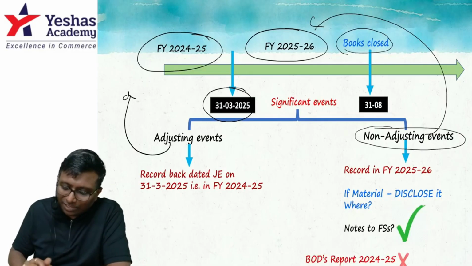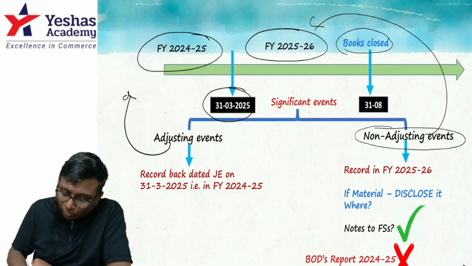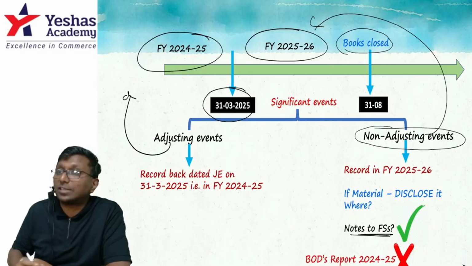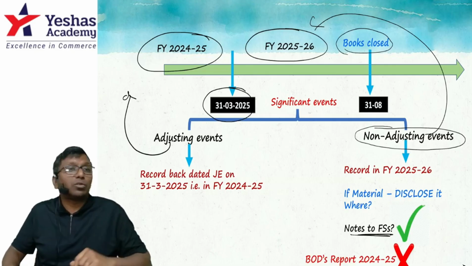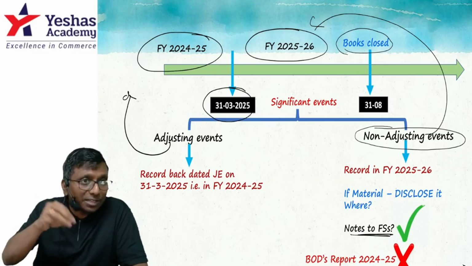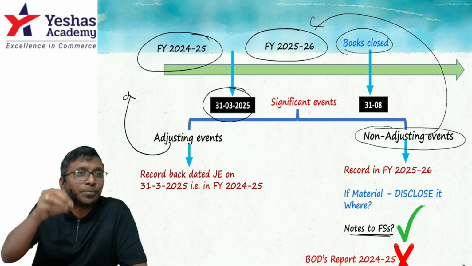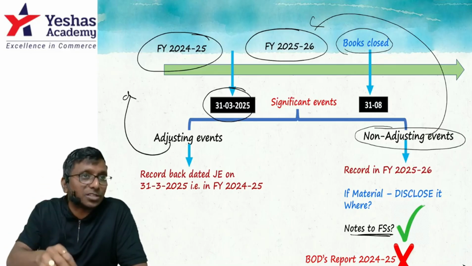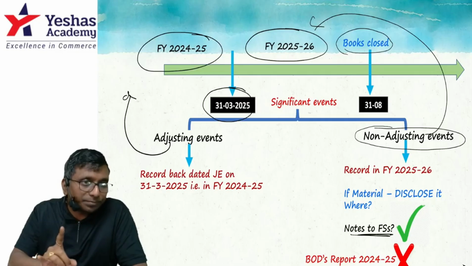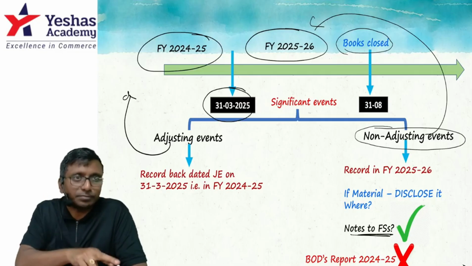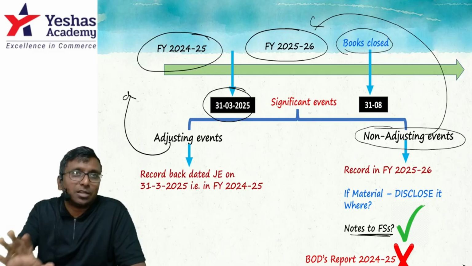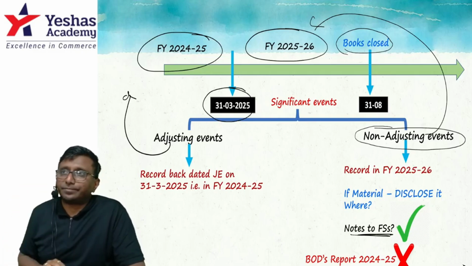It is not in the board's report, my dear. It is in the notes to financial statements. You have to disclose that information, not record it. AS 4 says board; Ind AS says notes only.